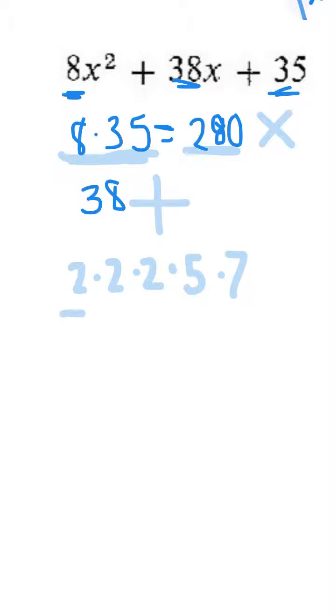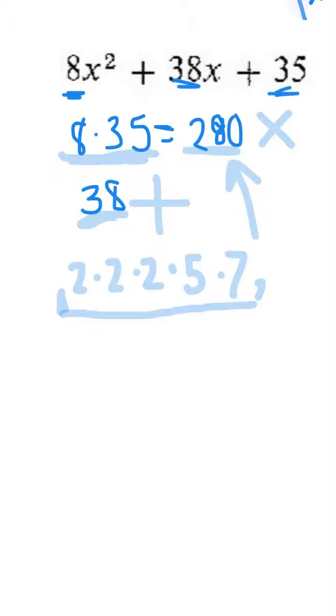So if 2, 2, 2, 5, and 7 are the prime factors that build 280, then all of the factors can be built from different combinations of them, with the exception of 1 and 280, but that would add up to 281, and 38's not even close.